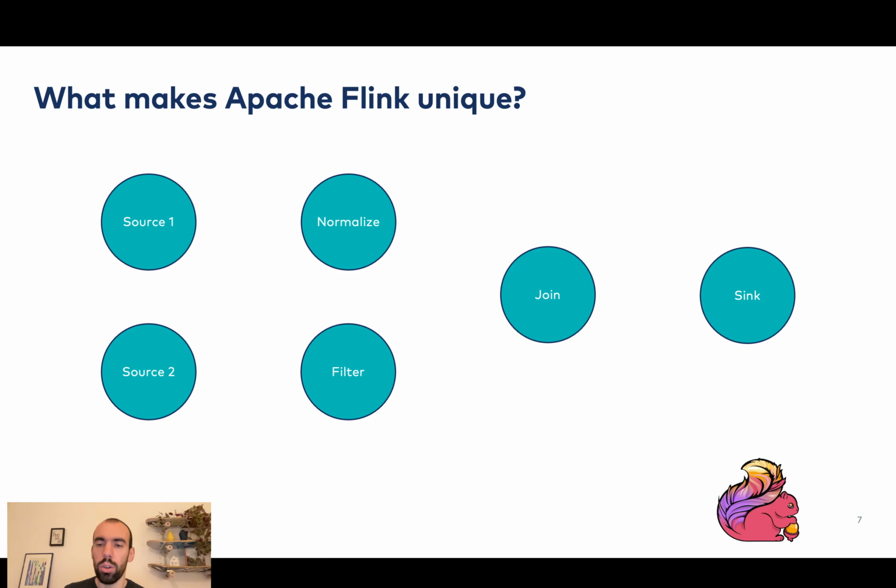First of all, how can you define a pipeline in Flink? It is actually quite simple. You can imagine it as if you would draw some circles on a whiteboard. If you start designing a data pipeline, you would draw some circles for a source, for maybe a filter step, a normalization step. Maybe you want to join two sources together and then produce some data into a sink, right?